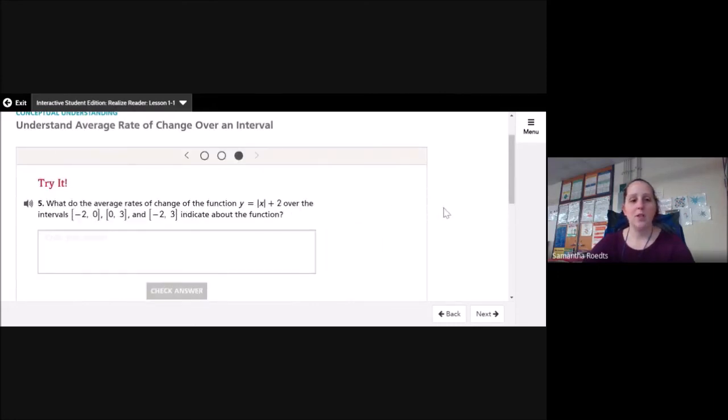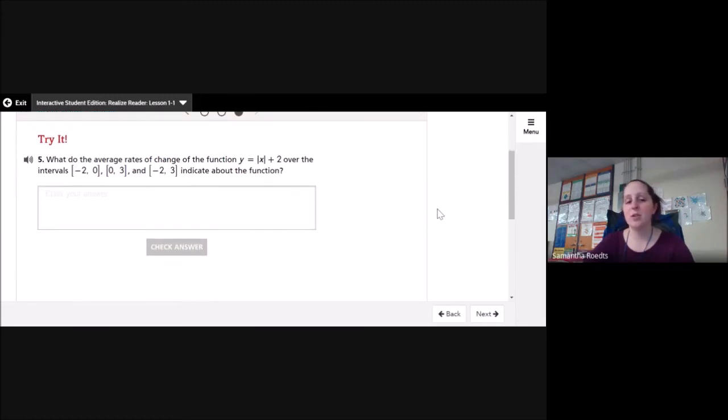All right, let's try it out. What do the average rates of change of the function y equals the absolute value of x plus 2 over the intervals -2 to 0, 0 to 3, and -2 to 3 indicate about the function? Okay, so the first thing that I want to do is actually graph or I could just solve them.